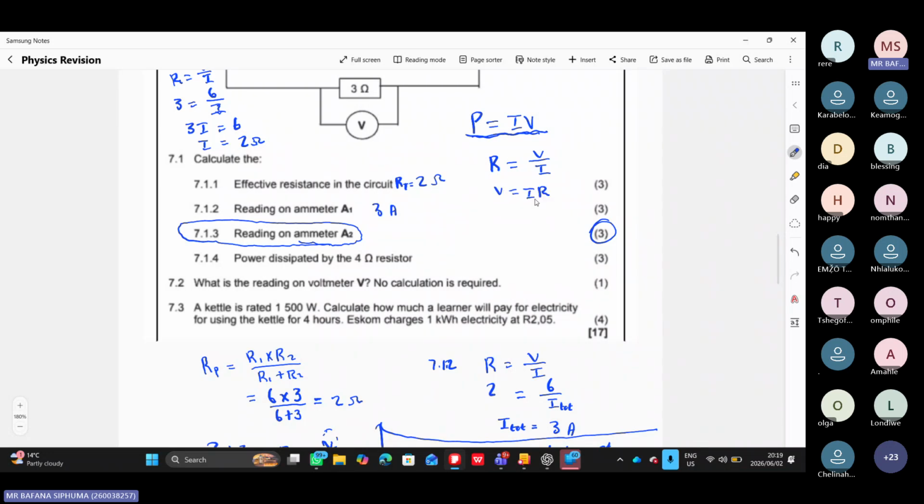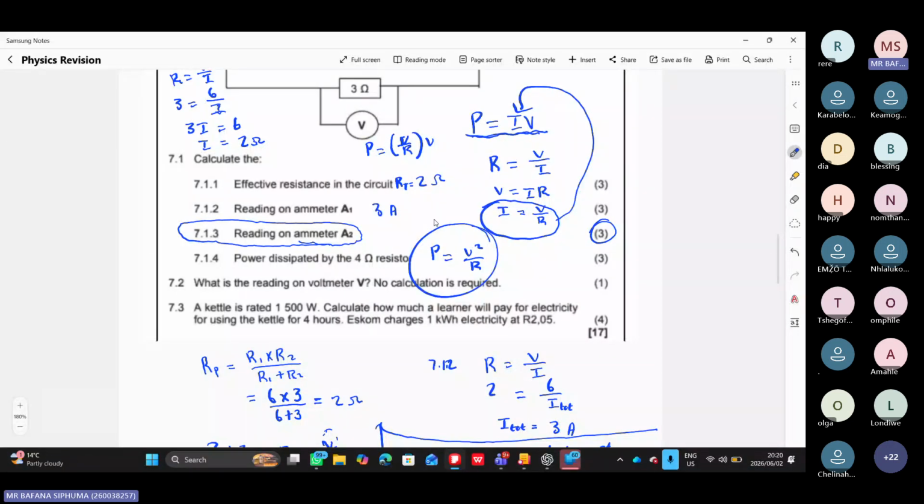Then you divide both sides by R. Your I is going to be V over R. Having this formula, you substitute it at the place of I. So you're going to have P is equal to V over R multiplied by V. According to the laws of multiplication, V and V are going to make V squared. I don't know how to explain it mathematically, because I don't even understand what's going on in maths. V squared over R. There is a second formula.